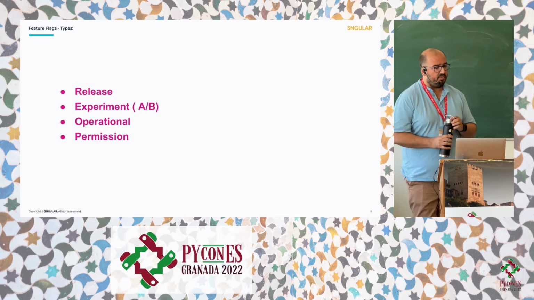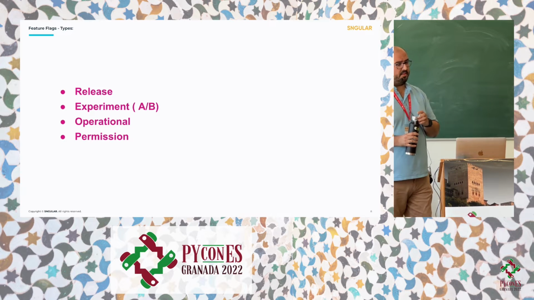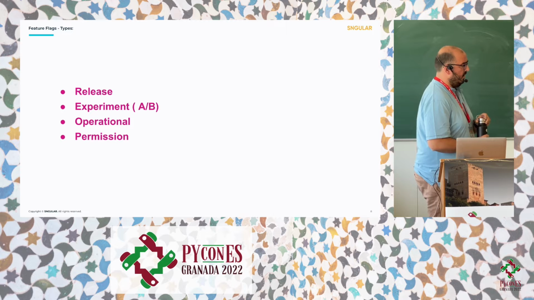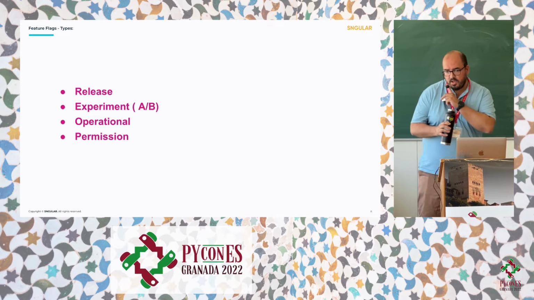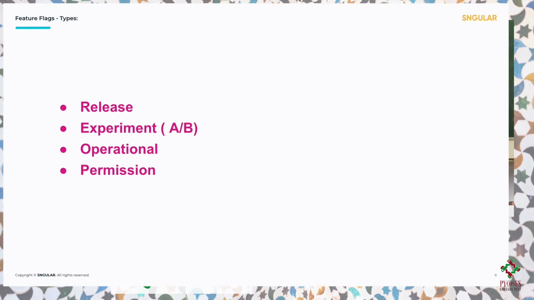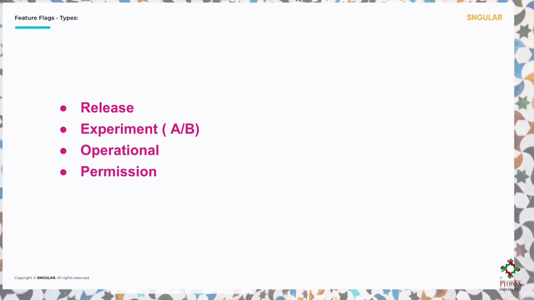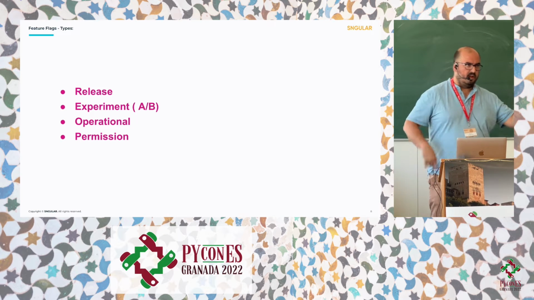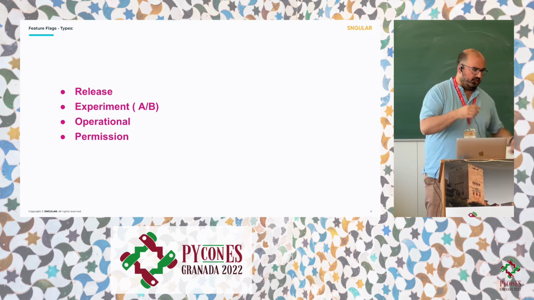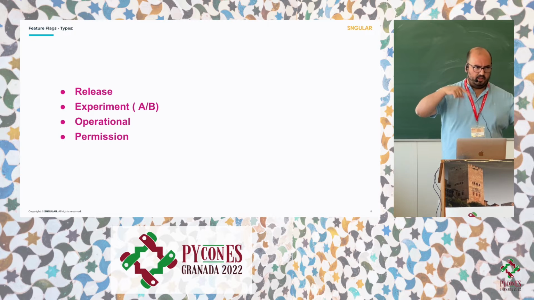Well, there are four types of feature flags. First, those related to the release. Imagine you have a migration. When people talk about migration with no downtime, they used to say, okay, put the logic of the migration but don't run the migration, or later put the logic related to the new structure.